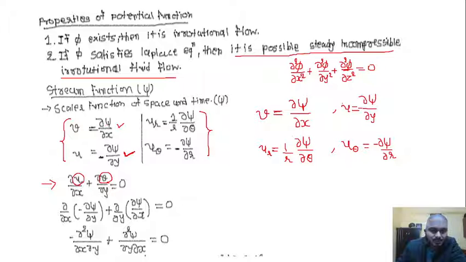So let's say if we differentiate it with respect to x, then it gives us v, and similarly if we differentiate it with respect to y, then it gives us the velocity component in x direction. So this is completely opposite to the velocity potential function. And similarly we can write down this similar form of equation in cylindrical polar coordinates also.